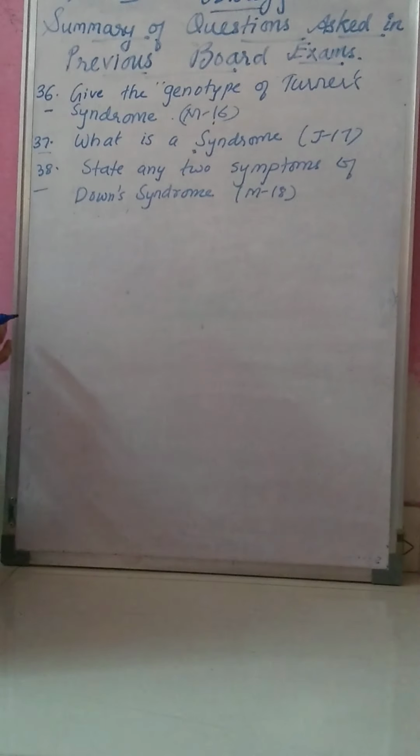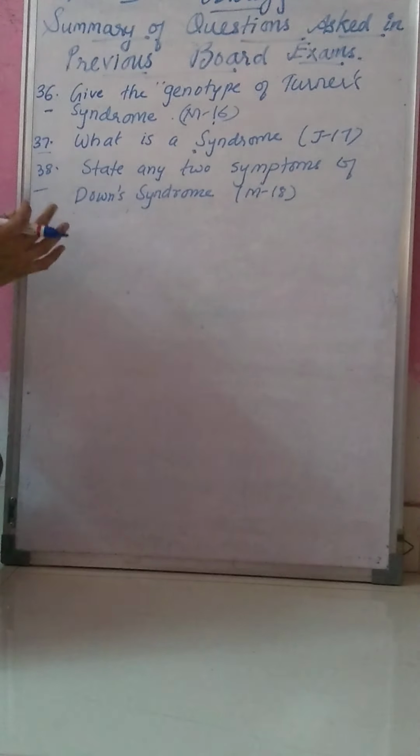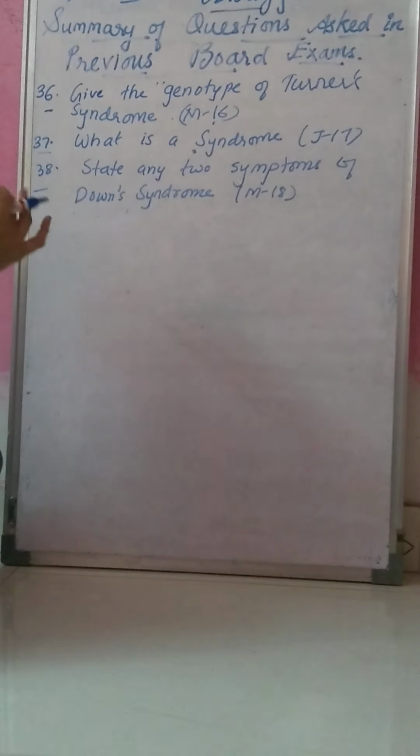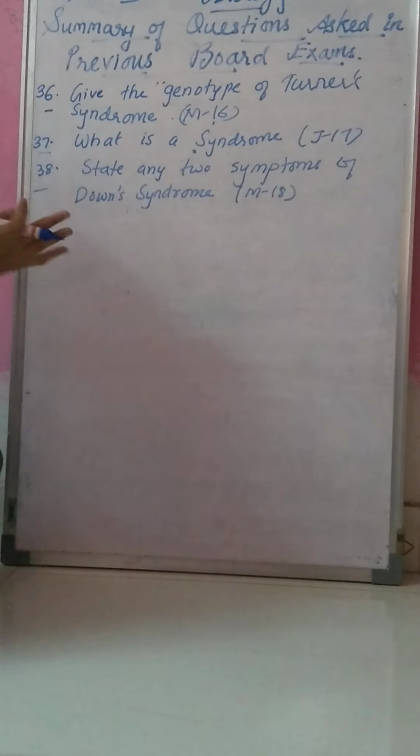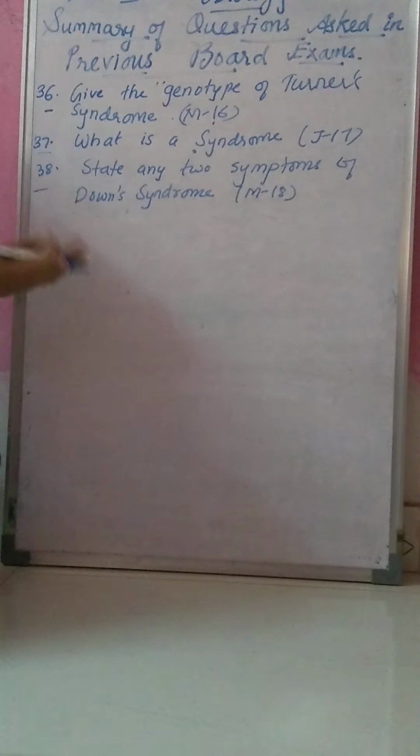So students, here I have given 38 questions of this chapter, chapter number 3, Inheritance and Variation. These questions were asked in previous board exams. If you study this many questions, it will cover the entire chapter.